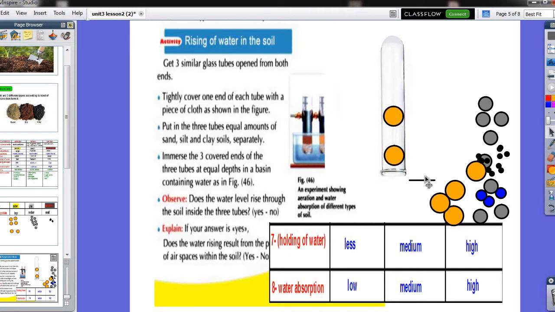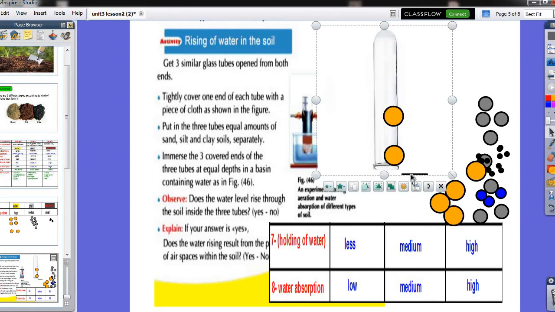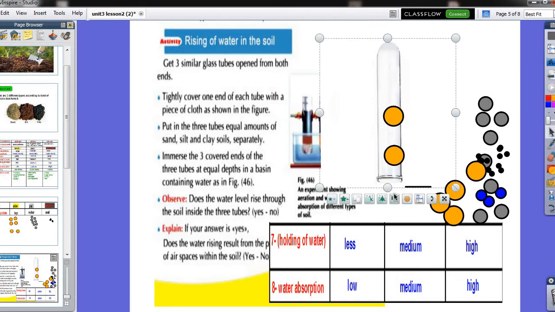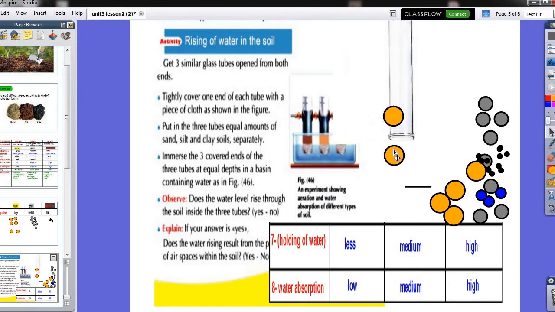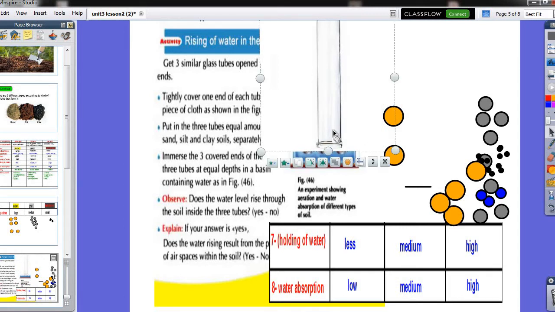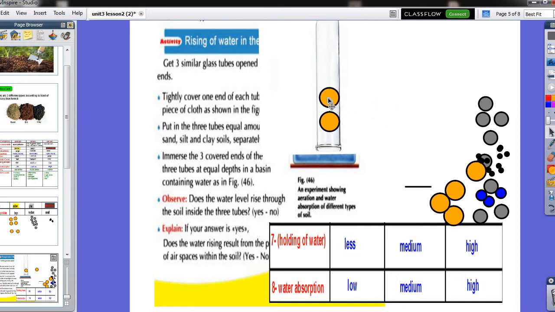The particles of the sand, as we see. I will put it in a tank of water. This is a tank of water. Here, the particles of the sand. I cover it with a piece of cloth.